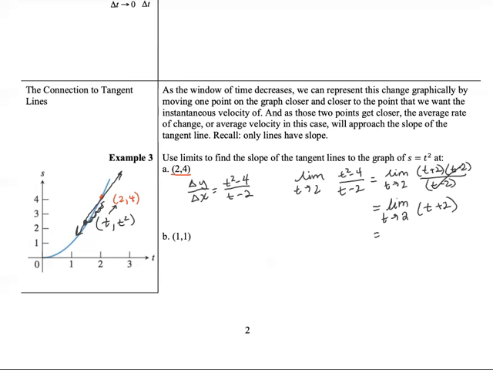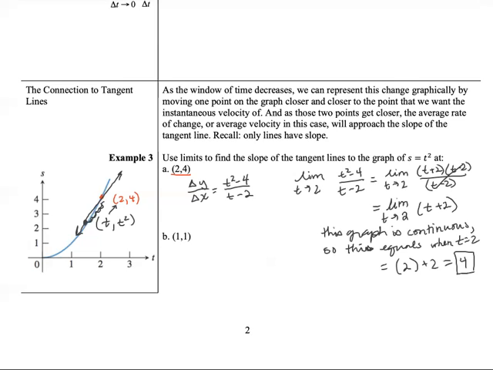So then we can say when t is 2, 2 plus 2 is 4. We already knew that was going to be the answer. So the slope of the tangent line is the same as the instantaneous velocity, the instantaneous rate of change.